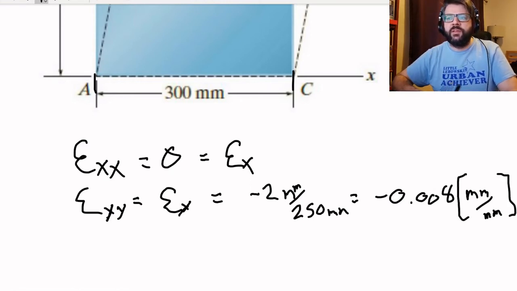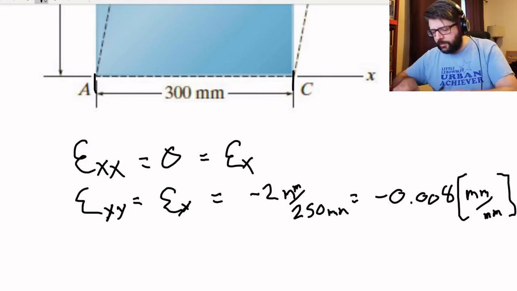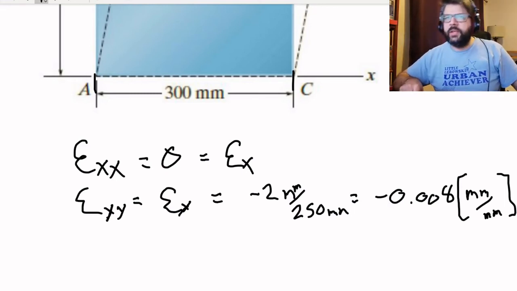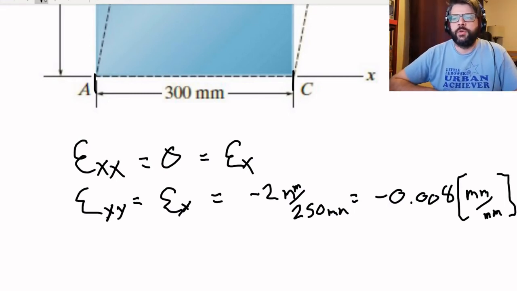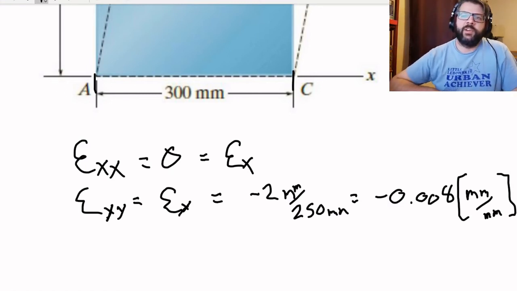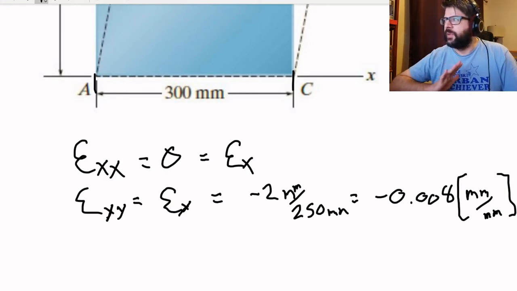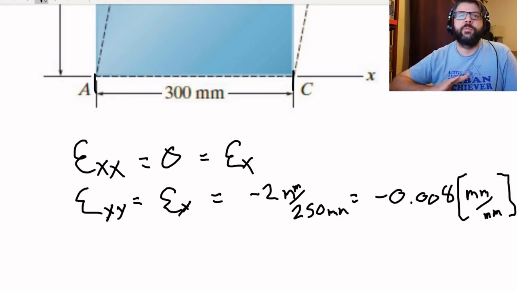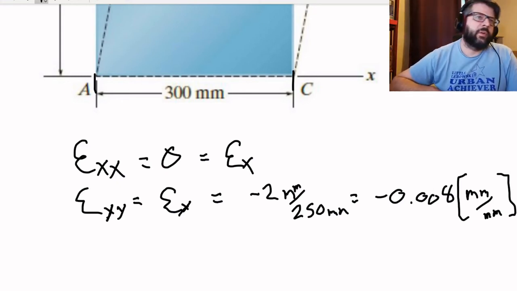One thing that's nice about it being a dimensionless ratio, where the dimensions cancel out, is that a strain will be the same regardless of what unit system you're working with. So a 0.008 strain will be exactly the same if you're working in imperial or if you're working in metric.